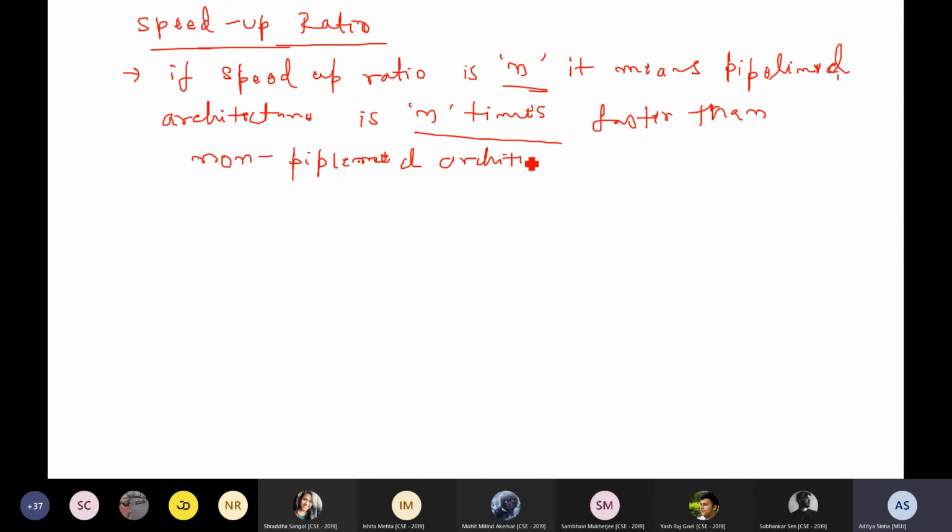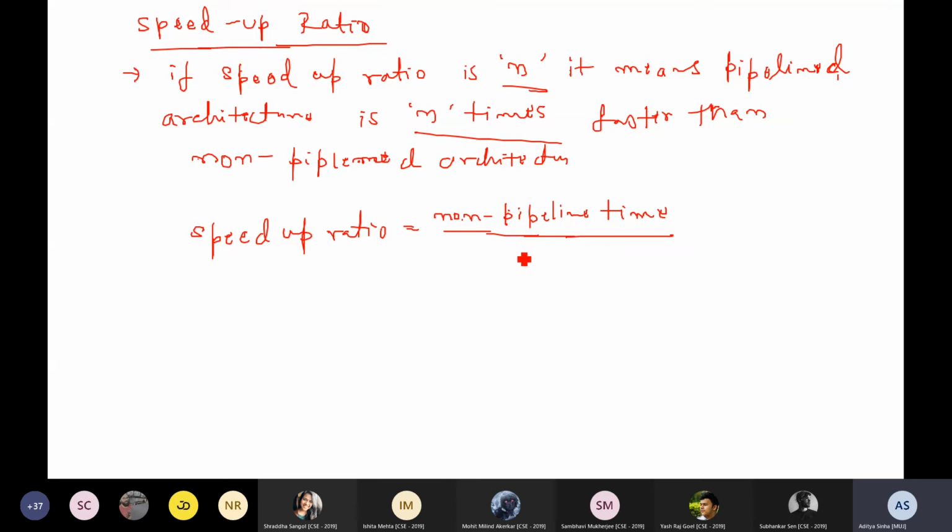Pipeline architecture. So you can actually write it something like this: speed up ratio is equal to non-pipeline time divided by pipeline time, which can also be written as how much time is needed for a non-pipelined architecture.